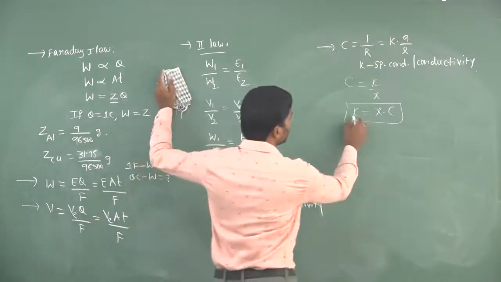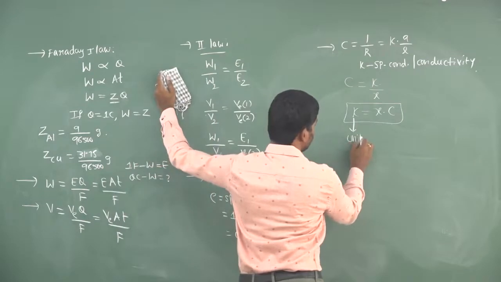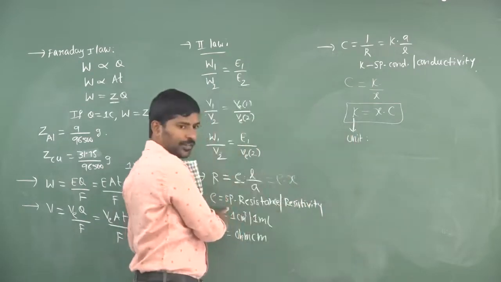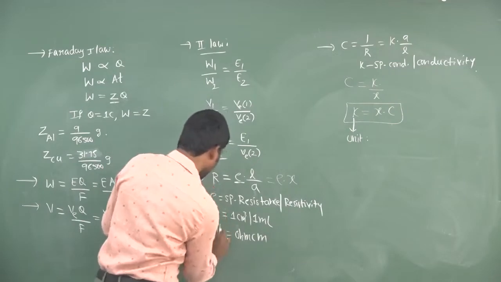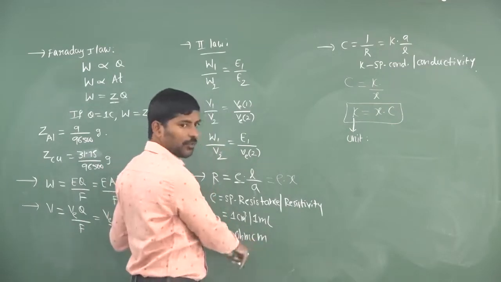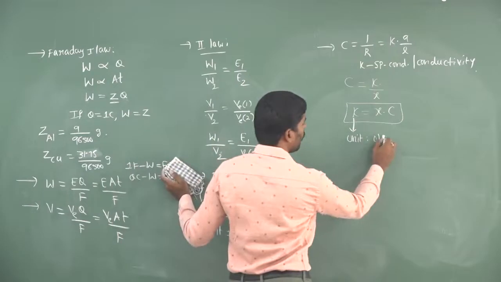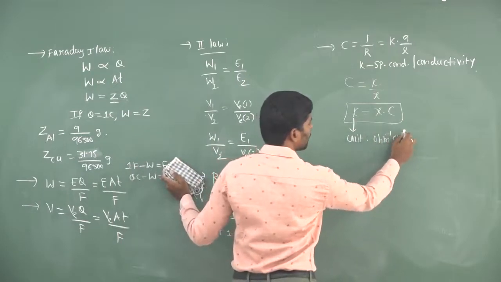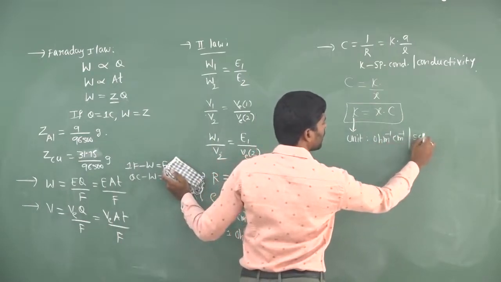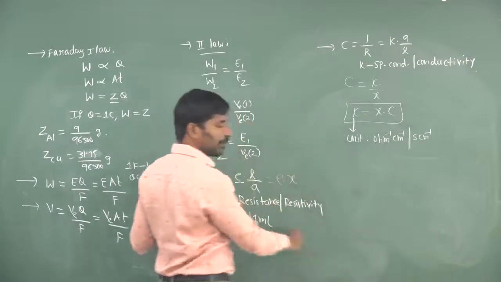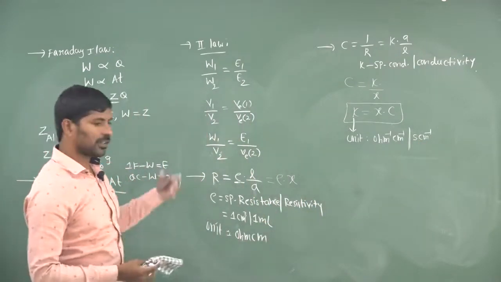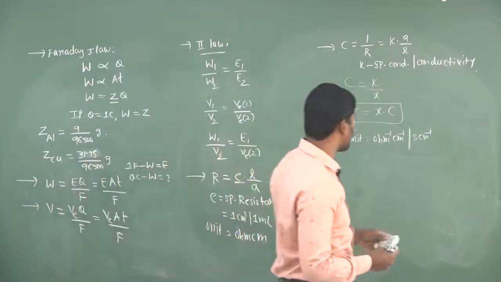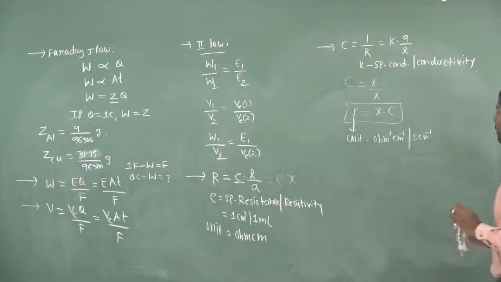Now the unit of K. It is the inverse of specific resistance. That means the unit for rho is ohm centimeter, so 1 by ohm centimeter. That means we get ohm inverse centimeter inverse, or Siemens centimeter inverse. Siemens or millisiemens or microsiemens, they may give like that. So Siemens centimeter inverse or mho.